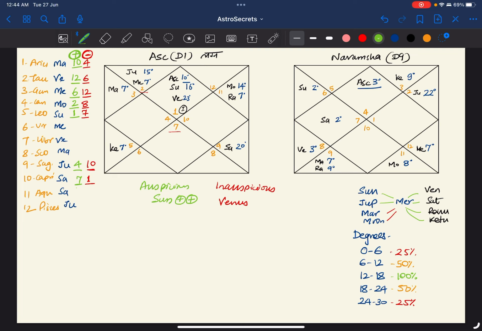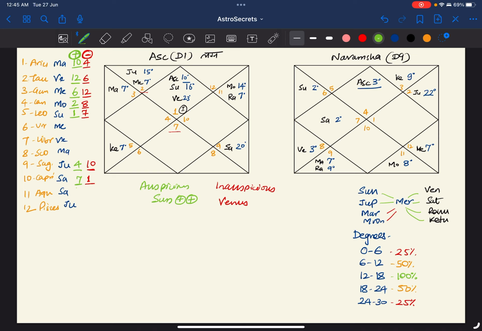If we talk about Venus, it is there along with Sun. We also have to take a look at the degrees, the difference between Sun and the planets, which we are going to cover in a later chapter. So for now, Venus degree is, let's say, 23.